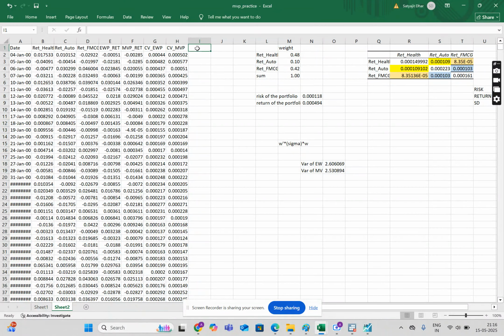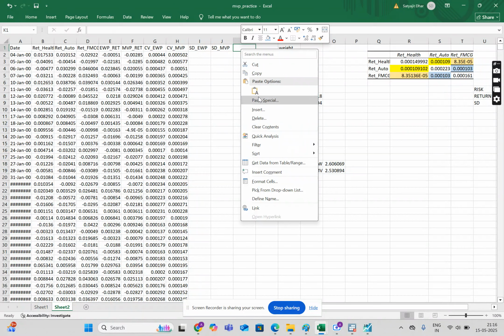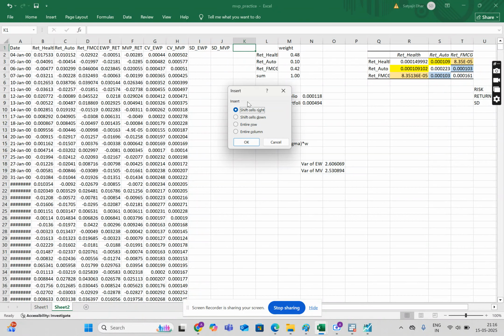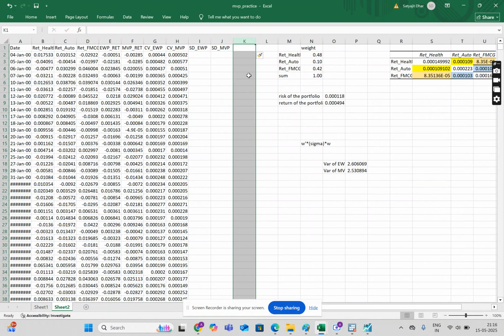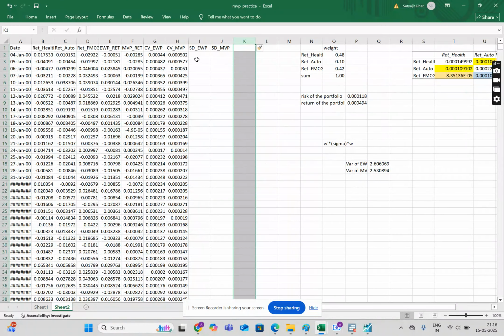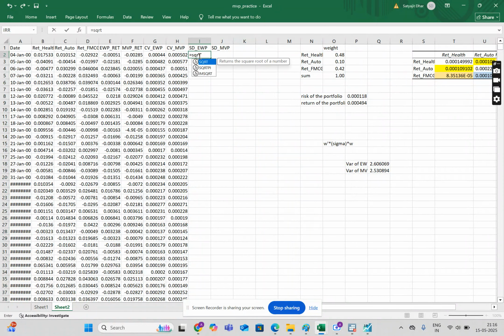Now we need to find the standard deviation. So we write SD of EWP and SD of MVP. So what is SD of EWP equal to? The square root of the conditional variance of EWP, that is this.